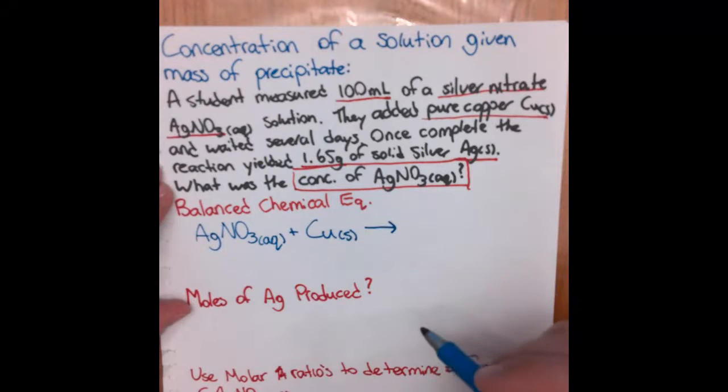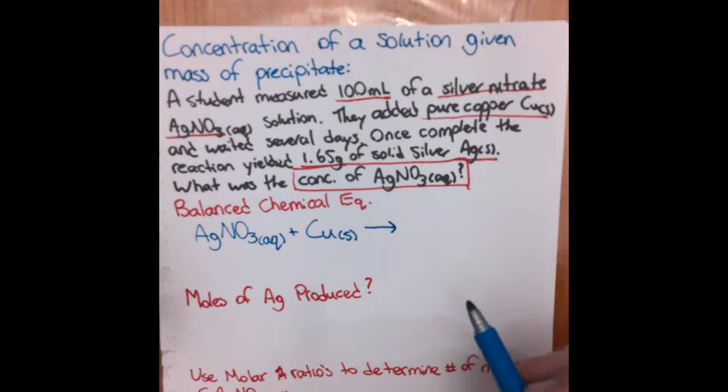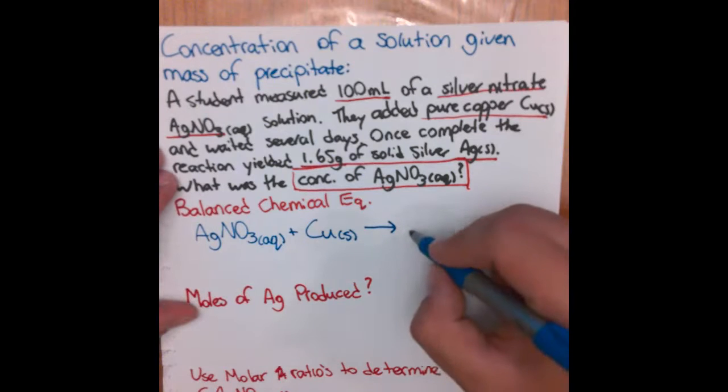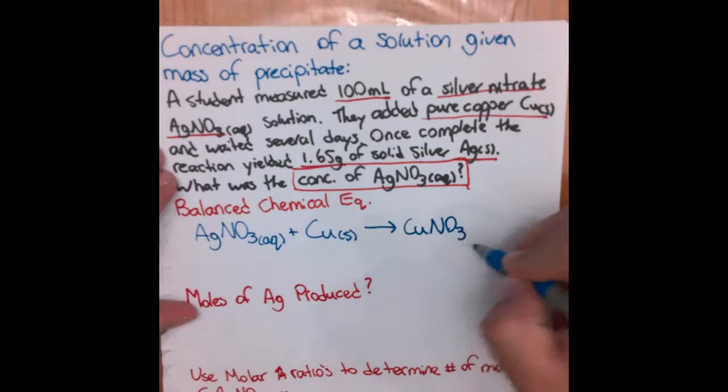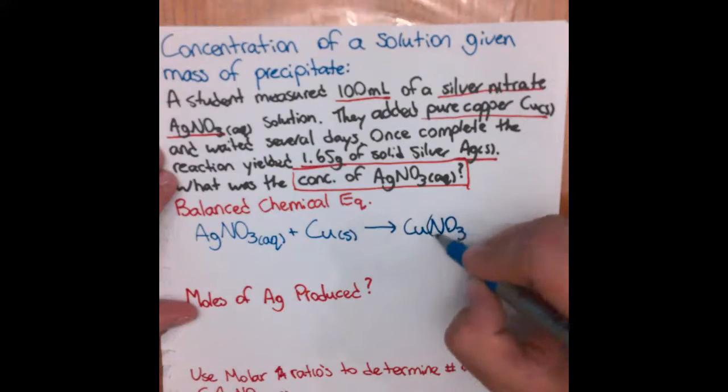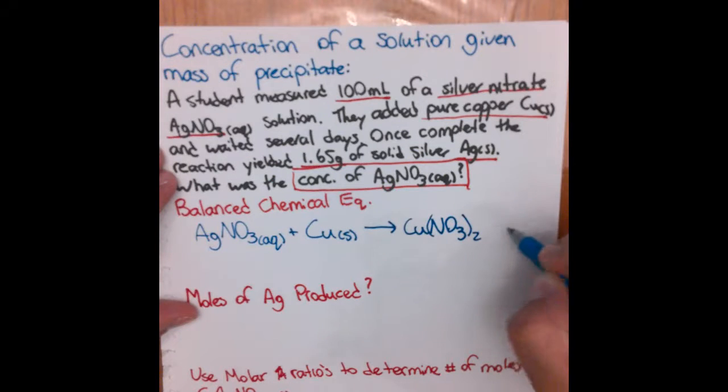They switch to create copper nitrate, Cu(NO3)2, and pure silver precipitates out of that reaction.